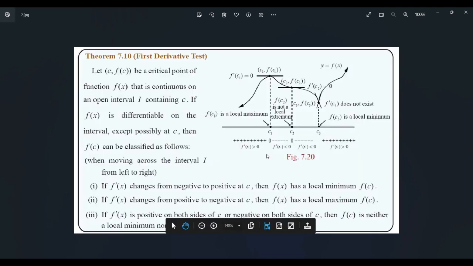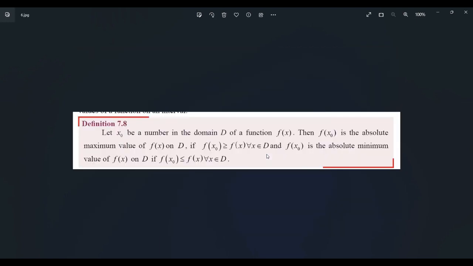Now this has to do with the maxima definition and minima definition. So let x naught be a number in the domain D of a function f of x.